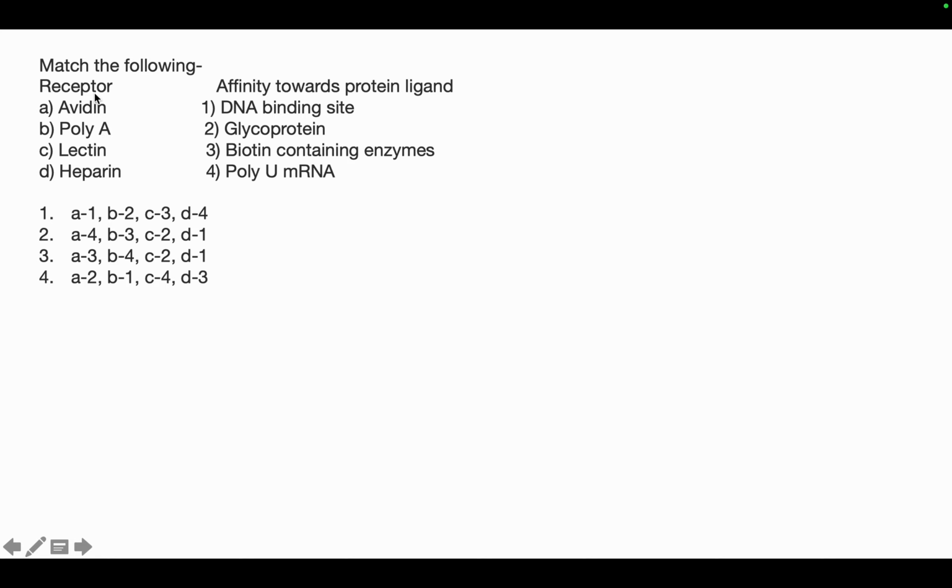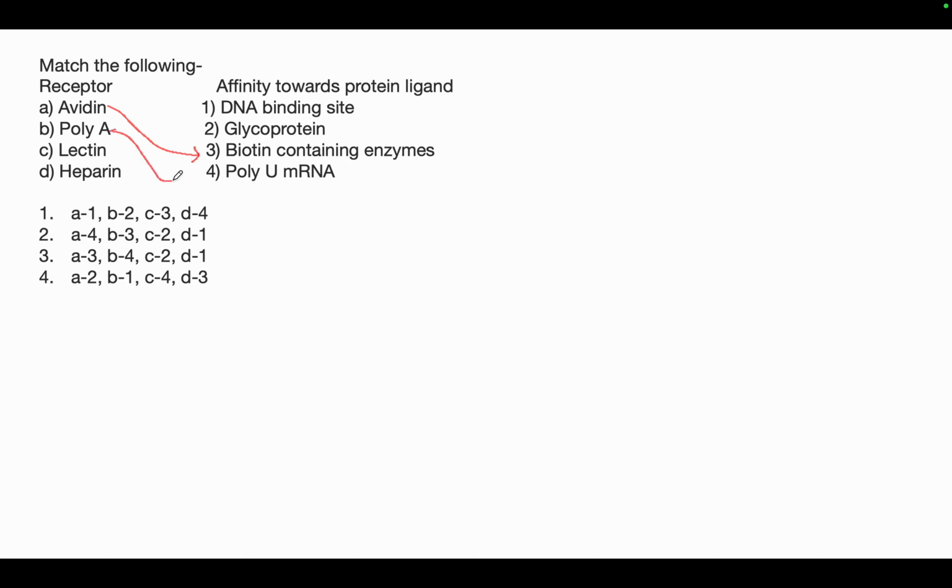Match the following. So we have a receptor in this section and we have an affinity towards proteins. As we studied in affinity chromatography, we can use this for affinity chromatography. So avidin has higher interaction with biotin. Poly A will hybridize with poly U mRNA.